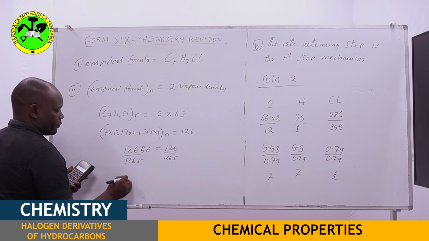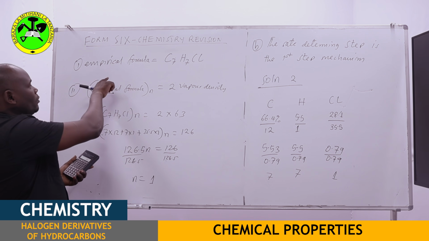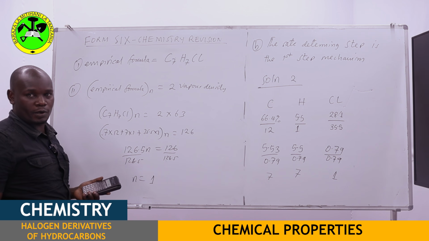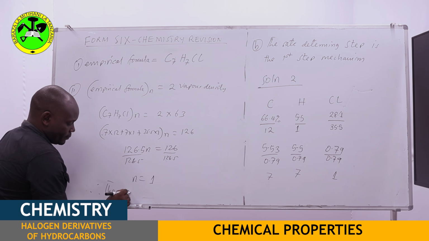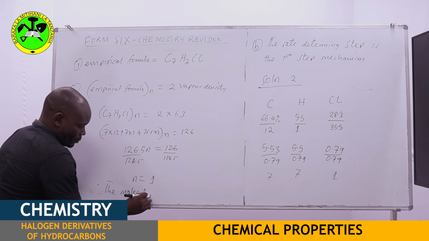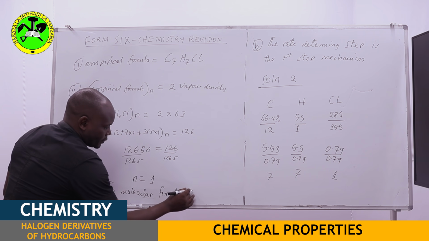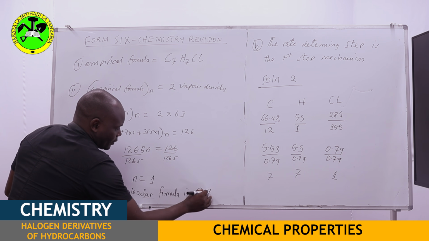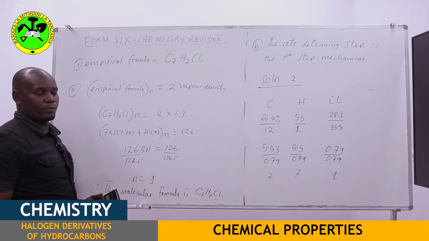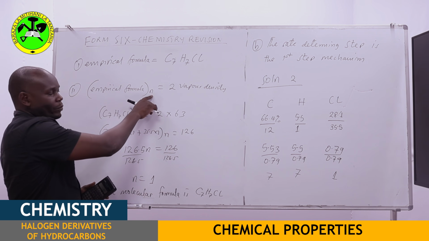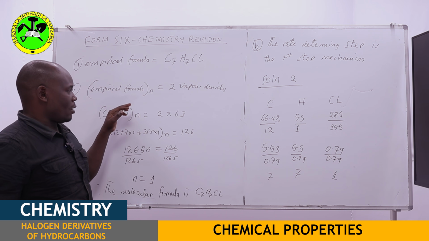Now the answer, therefore, N will be equal to 1. Therefore, the empirical formula is the same as the molecular formula. Then the molecular formula is C7H7Cl, that is 7 carbon atoms, 7 hydrogen atoms and 1 chlorine atom, since the value of N that we have obtained here is 1. So that is the first part of our question.